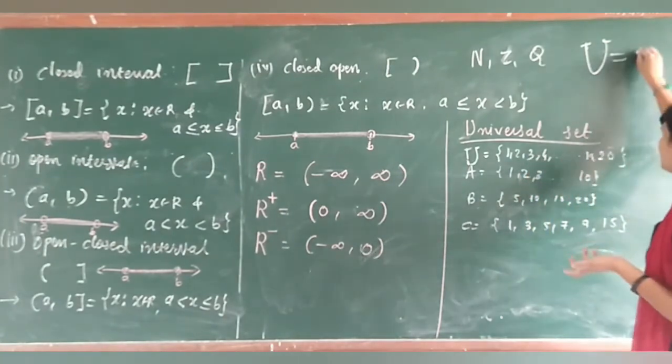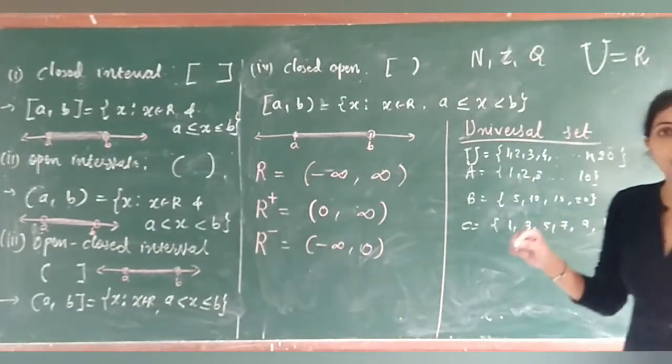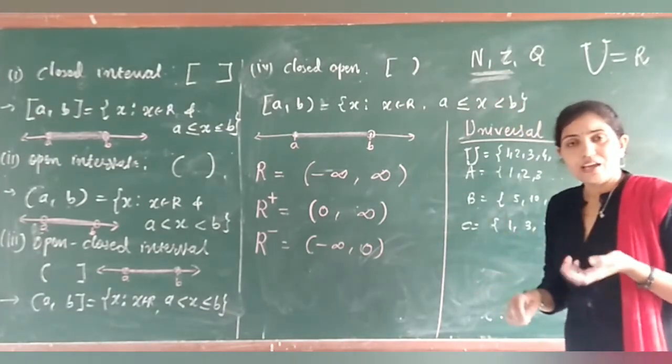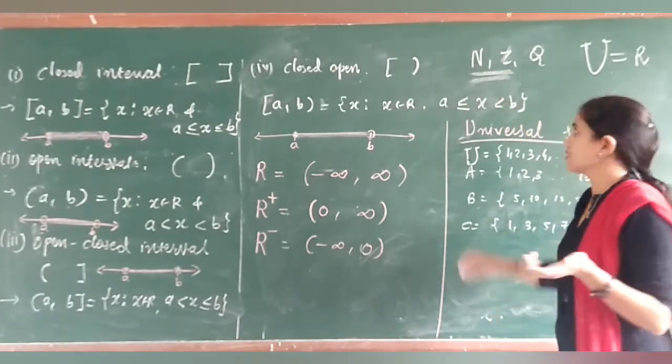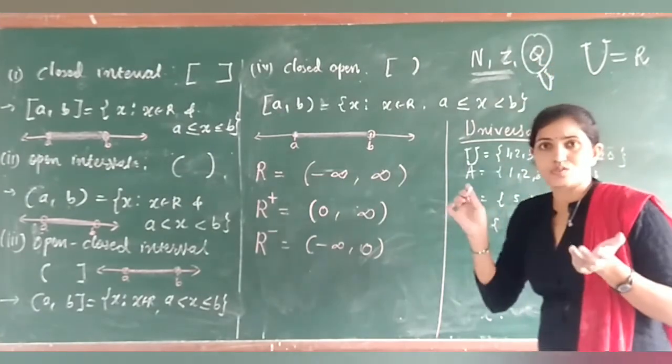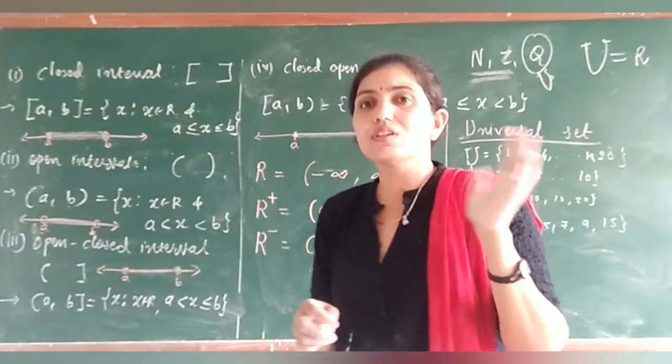That is obviously the set of real numbers. Okay. If I have only the sets N and Z, and I want to consider any universal set, then I can consider U equals Q also. Okay. Or U equals R.